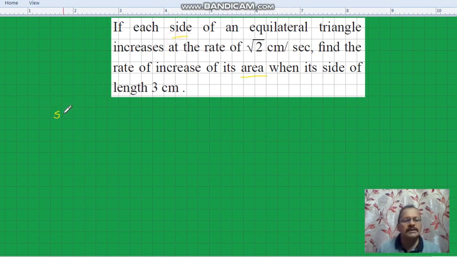If S is the side of an equilateral triangle, then area A is given by √3 by 4 into side square.